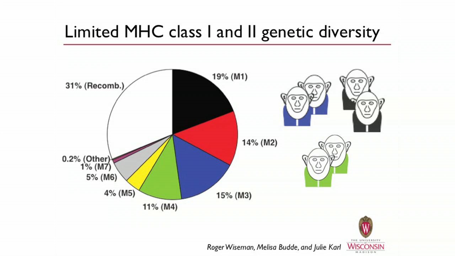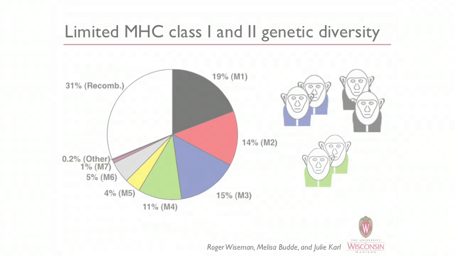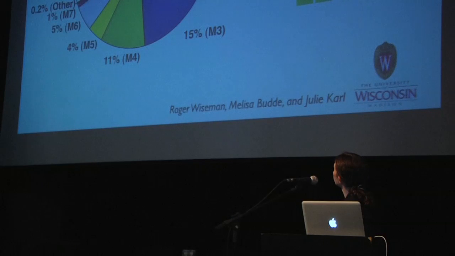And throughout the remainder of my talk today, I'm going to be showing you these very simplistic models of monkeys, and the little vests below the monkey faces represent the MHC genotypes of these different animals. So an animal with 2 blue vests is an M3 homozygote, and an animal with 2 black vests is an M1 homozygote, and so on.